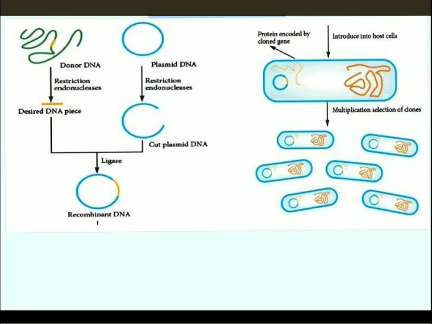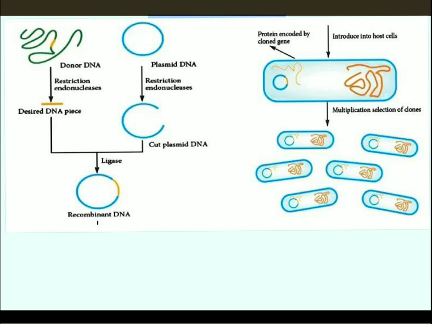Some biotechnologists who admire the Boyer and Cohen experiments divide the subject into two chronological categories: before Boyer and Cohen, BBC biotechnology, and after Boyer and Cohen, ABC biotechnology.